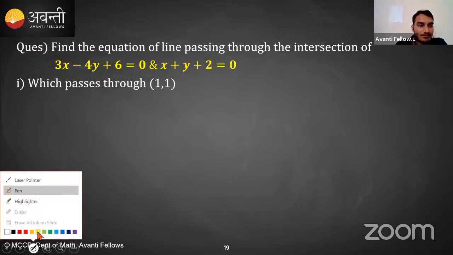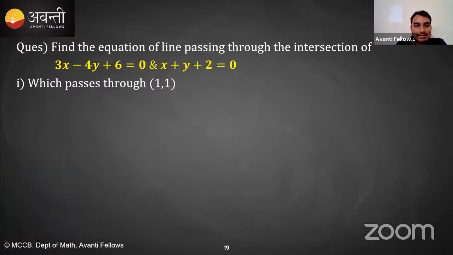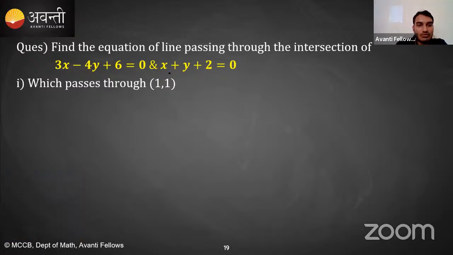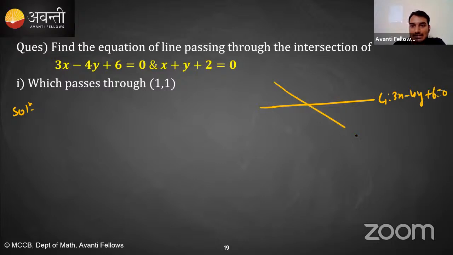First question: find the equation of the line passing through the point of intersection of 3x minus 4y plus 6 is equal to 0 and x plus y plus 2 is equal to 0, and which is also passing through the point (1, 1). So the question is saying to find the equation of the line which is passing through the intersection of this line L1, let's say 3x minus 4y plus 6 is equal to 0, and L2, x plus y plus 2 is equal to 0.